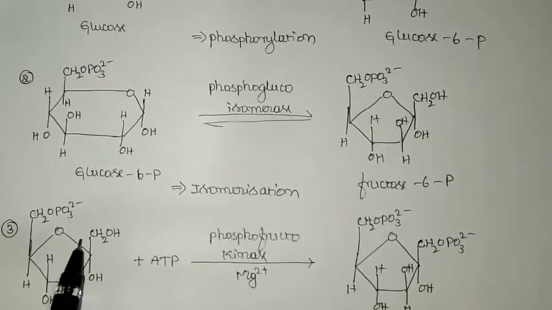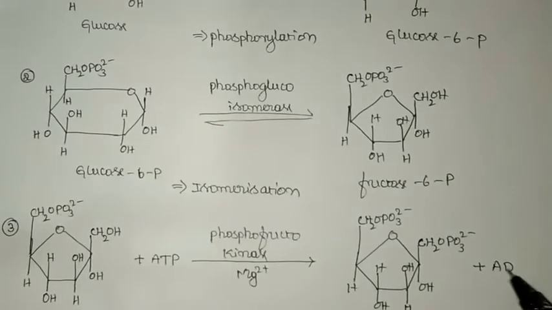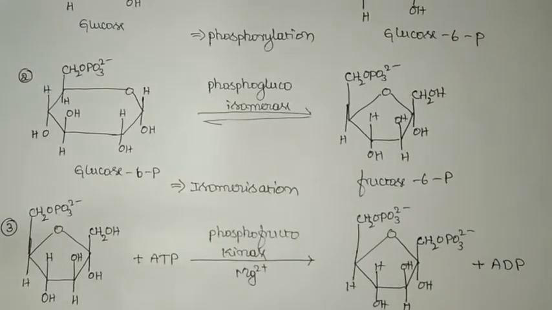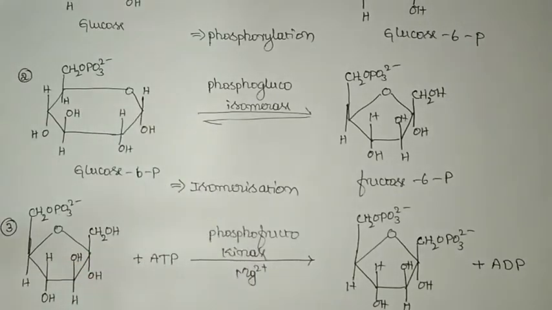So here 1 ATP is converted to 1 ADP molecule. So these are the first 5 reactions of the EMP pathway of glycolysis. And now we shall see the production of pyruvate starting from glyceraldehyde 3-phosphate.